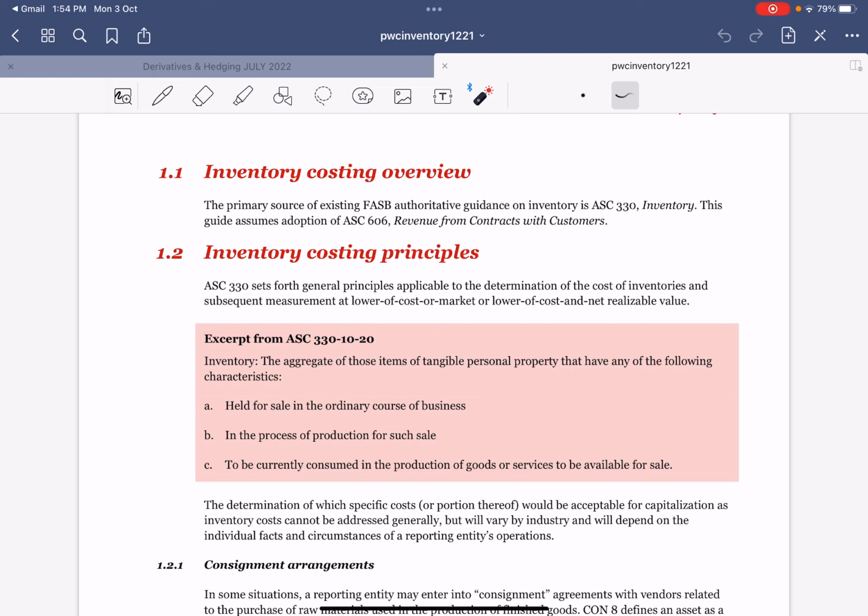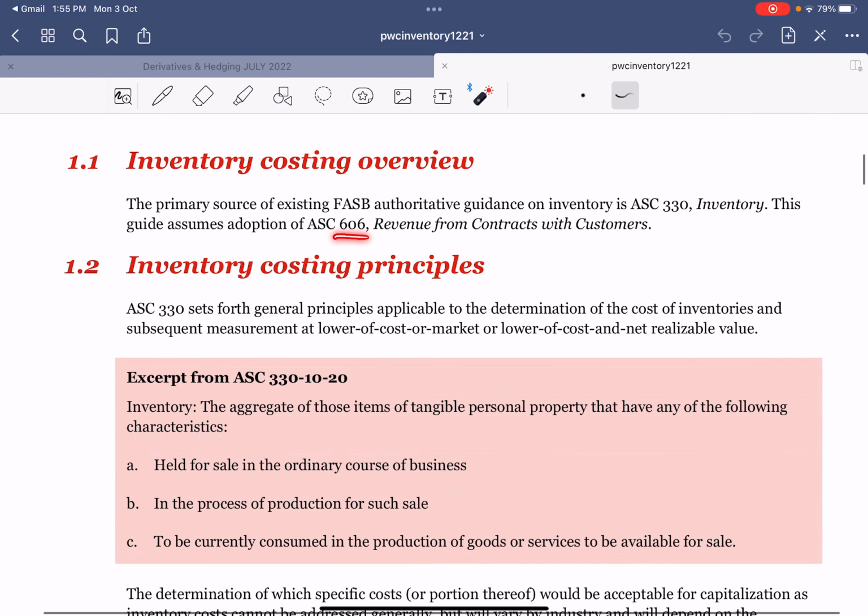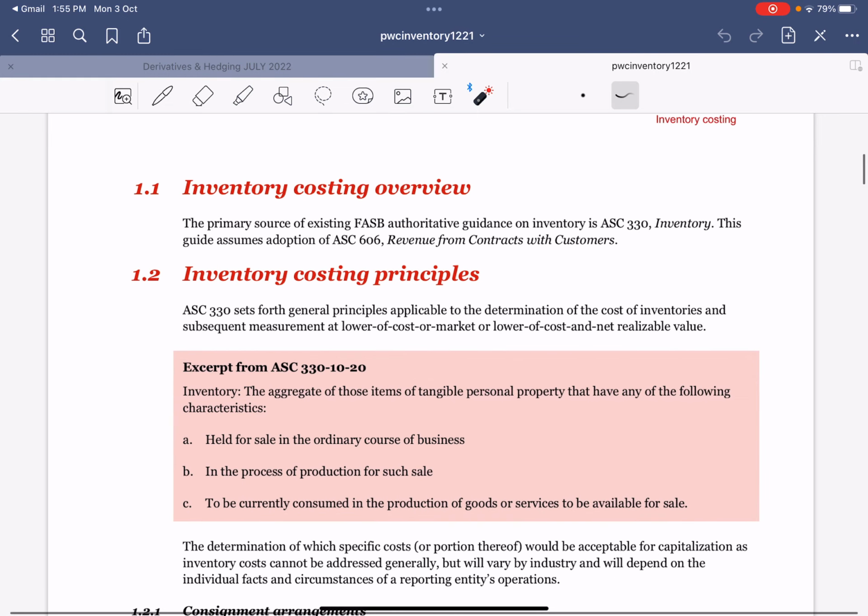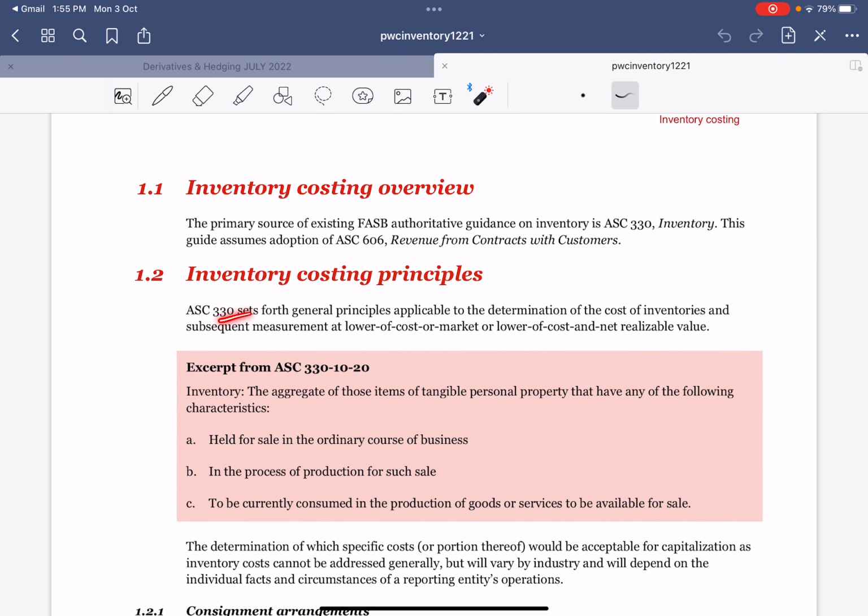If you are doing it in IFRS, it's IFRS 15, and Ind AS 115 if you're doing it in India. So 606 is the accounting standard name.